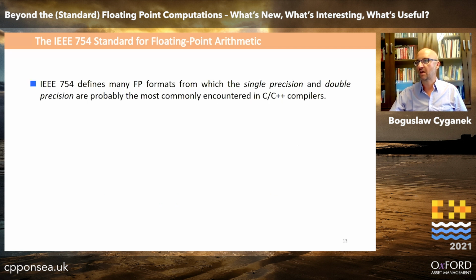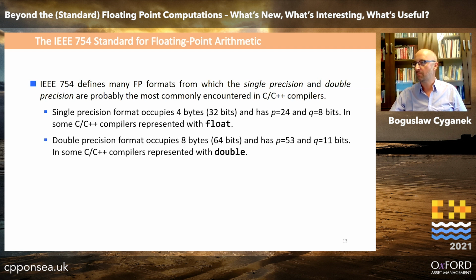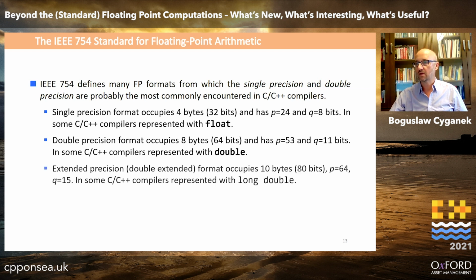So the standard defines many floating point formats, from which single precision and double precision are probably the most common. We have float and double basic types in C++. Single precision, float, is 4 bytes, 8 bits for exponent, 24 bits for significand, mantissa, and double is 8 bytes, 11 for exponents. Certainly there is a sign.